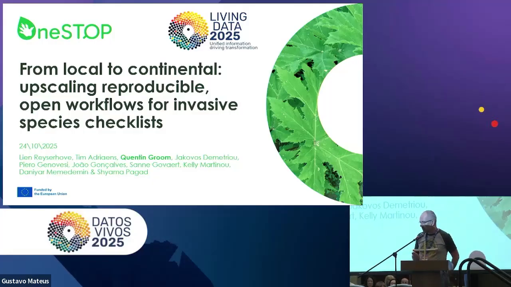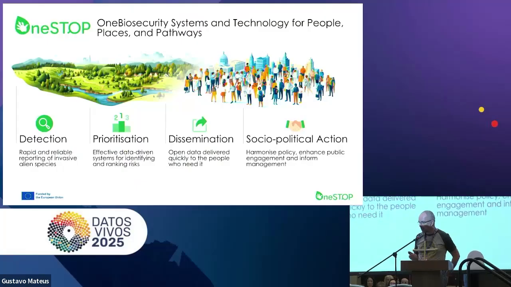And yeah, we're trying to build workflows, the whole data lifecycle effectively from detection to action. So we have detection using AI and eDNA, and we're trying to get all those records into GBIF as quickly as possible so that we can disseminate those data that people need to know.